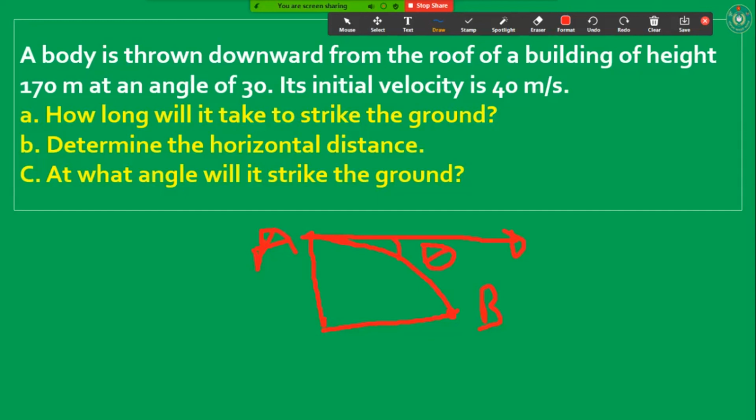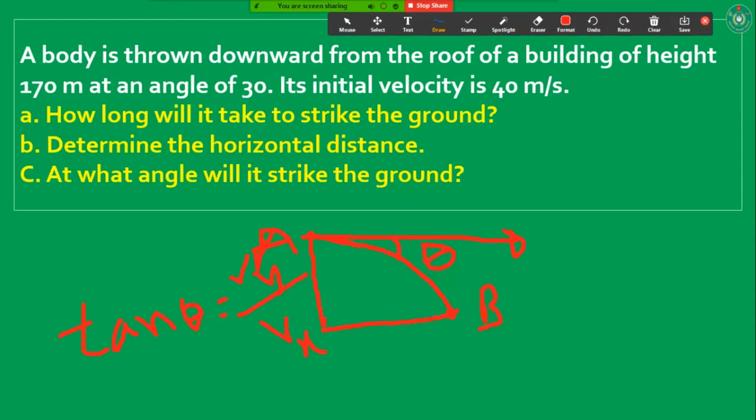Now it is very easy to find theta: tan theta is equal to Vy divided by Vx. You have to find Vy and Vx.